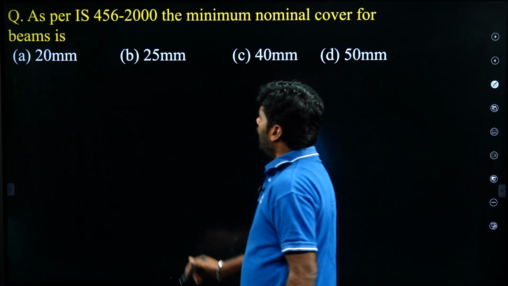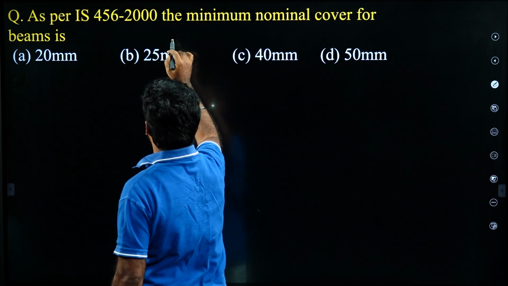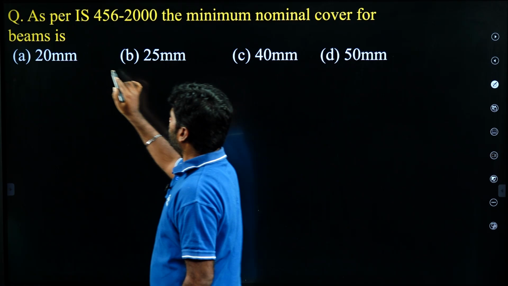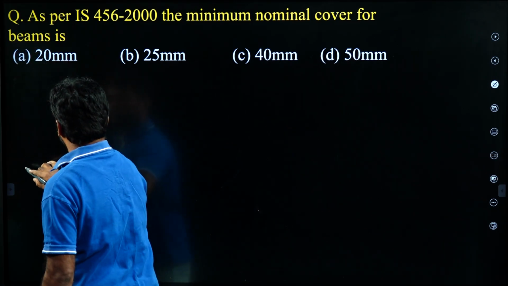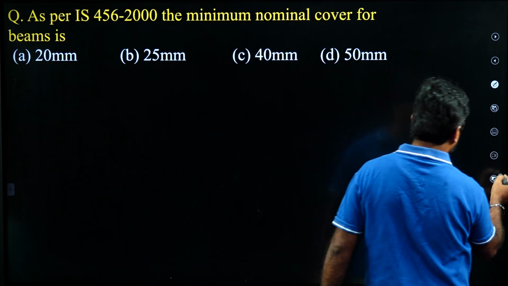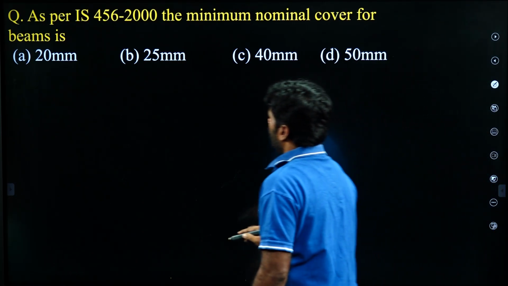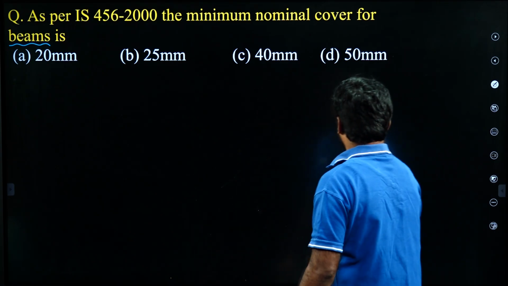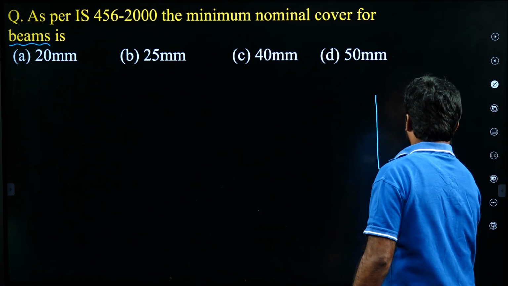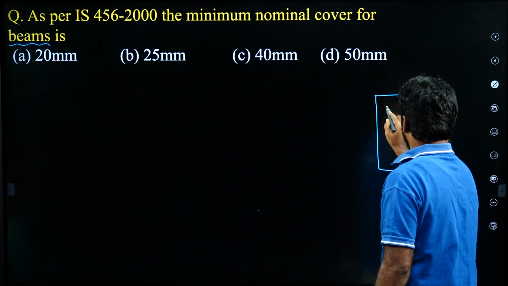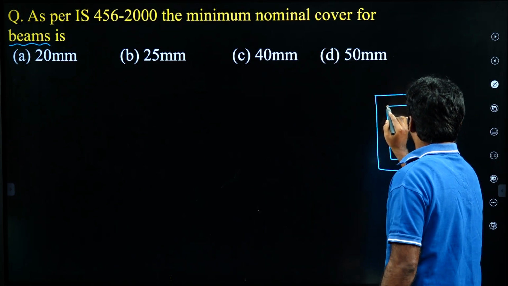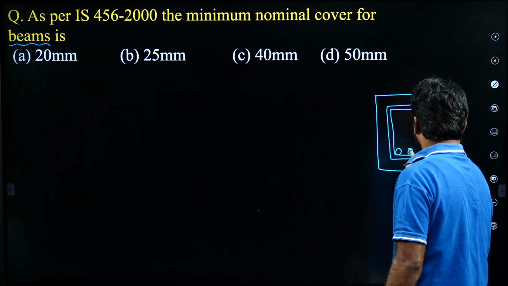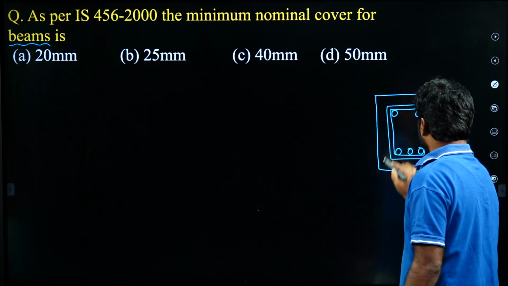As per IS 456-2000, the minimum nominal cover for beams is... Minimum nominal cover for beams, they are asking for beams. What is nominal cover? Take a beam here. This is the stirrup and this is the main steel.